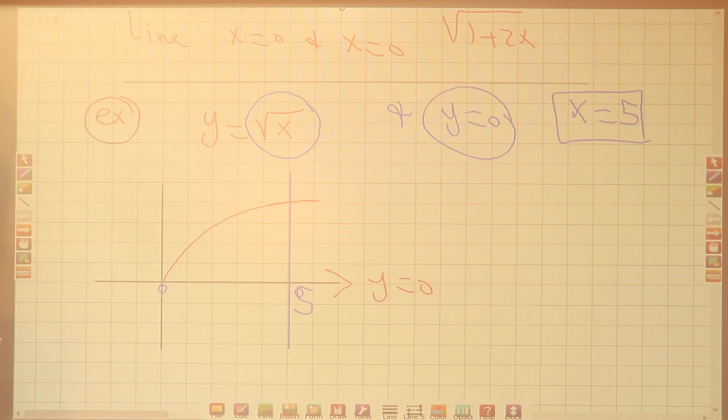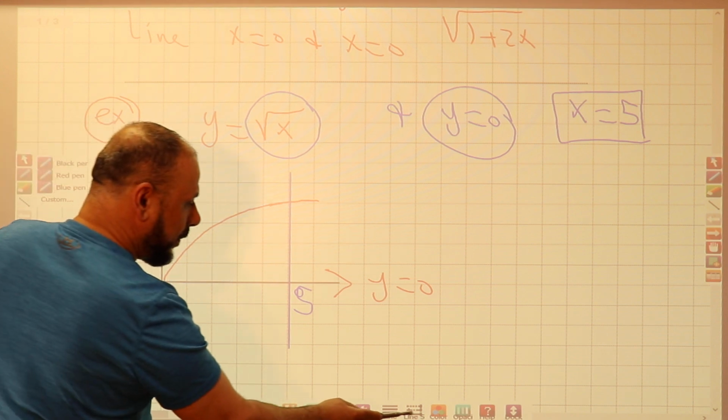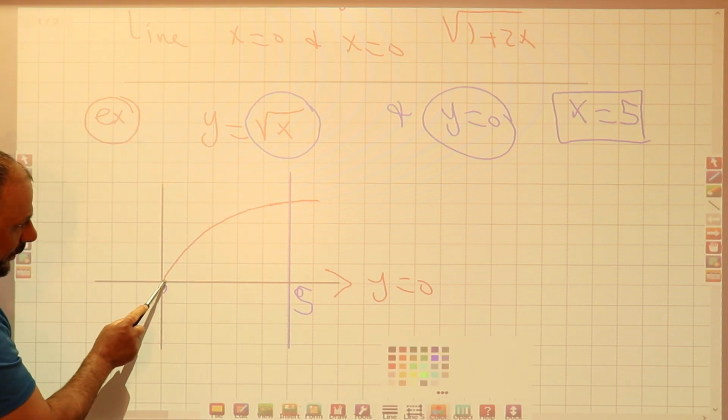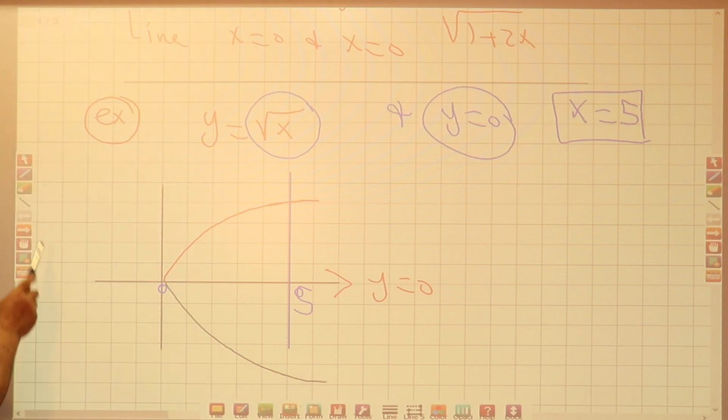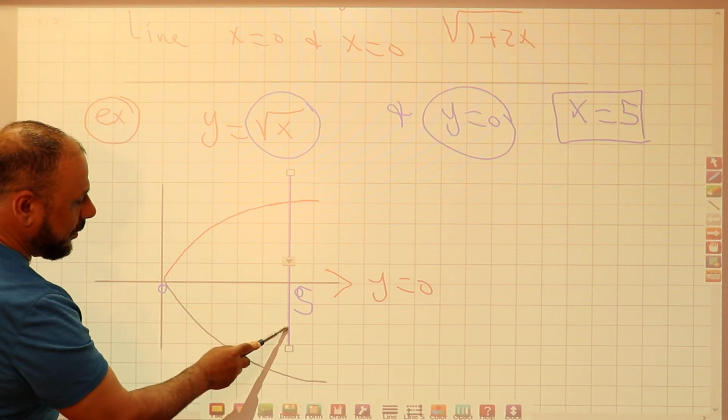Well, the revolving is going to be about this. Now look guys, what I'm going to do now. I'm going to take another color and show you how the revolving will be. You're going to have an image like this. You see, it's almost the same.